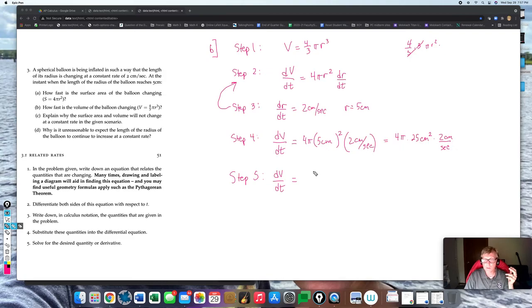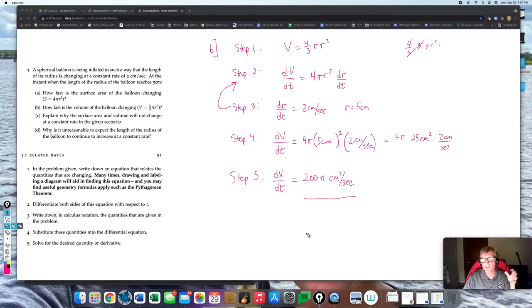I think that turns out to be 200 pi. And what are the units for this? Centimeters times centimeters times, oh yes, more centimeters. All right, there you go. The units match. We have volume units on top. We have time units on the bottom. We are done.